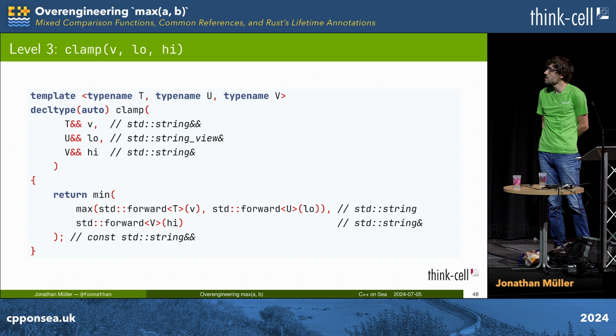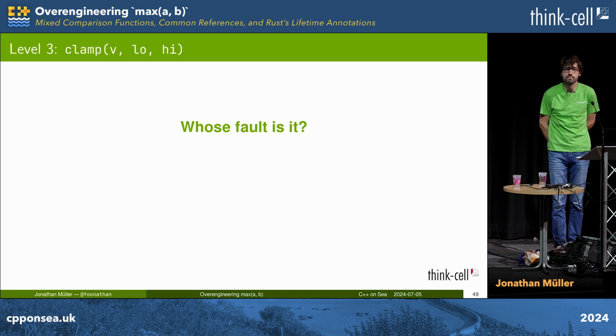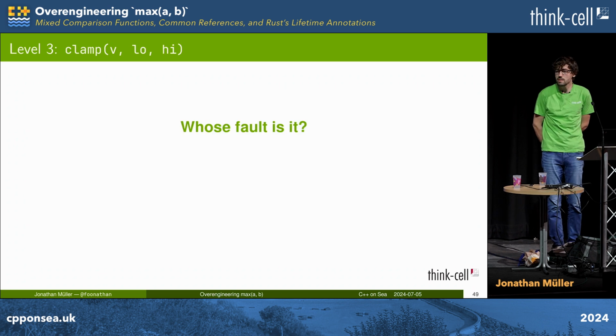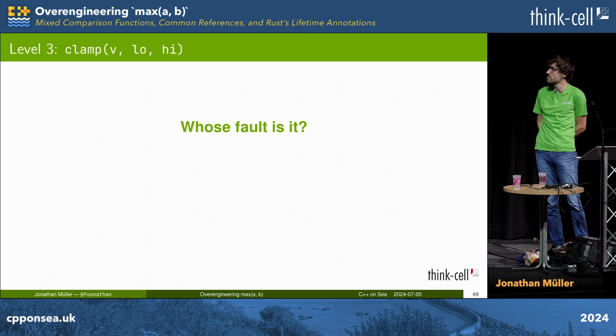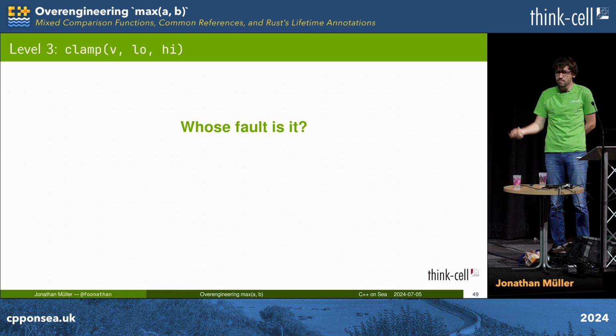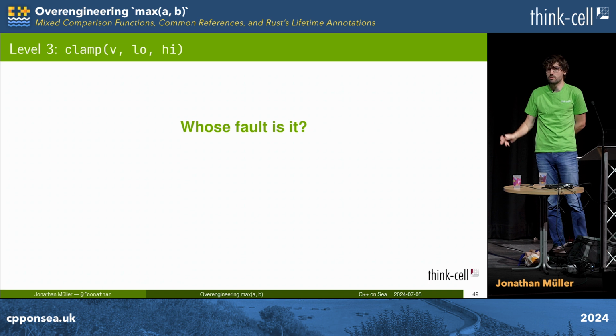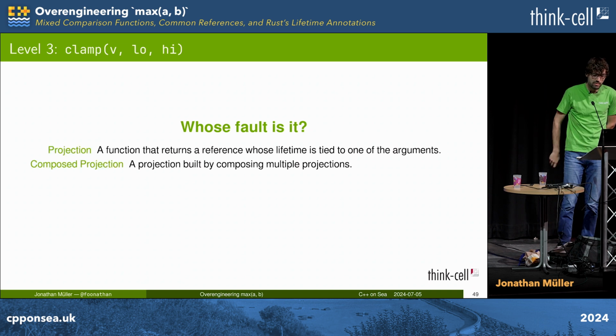This is interesting, because the question is, who's at fault? In isolation, max and min were perfectly fine to do that. They are allowed to return a PR value. And if you call max or min with a PR value, you materialize a temporary object, get an rvalue reference, and max and min can return it. So in isolation, who's at fault? Let's define some terms.